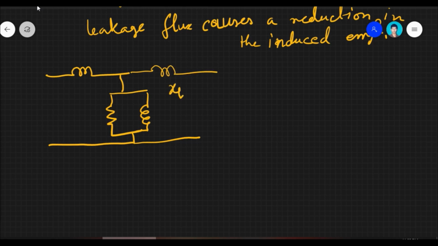We consider this XL2 dash; if this is the primary one, this is R naught, this is G naught, X naught. XL1 is equal to XL2 dash. That means the leakage reactance is equal, or the amount of leakage experienced by both the sides is equal.